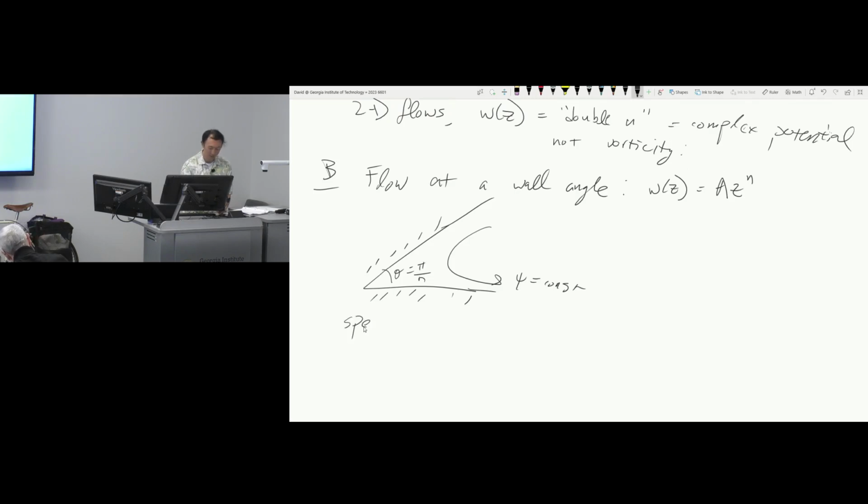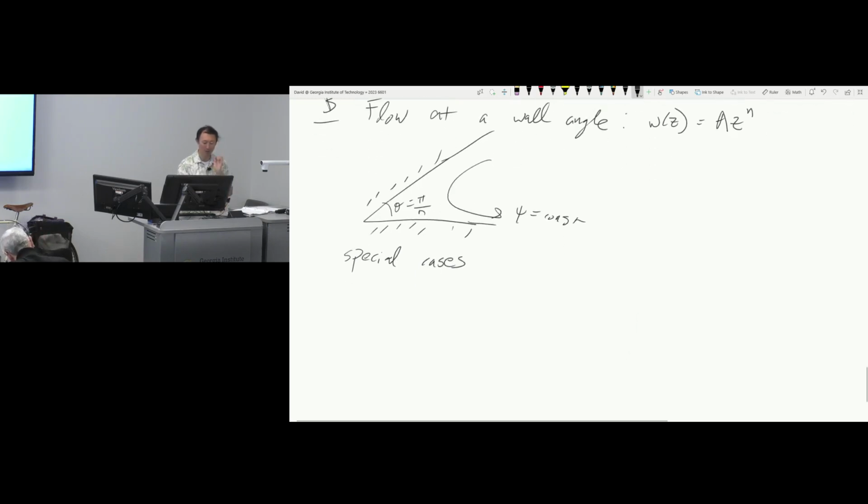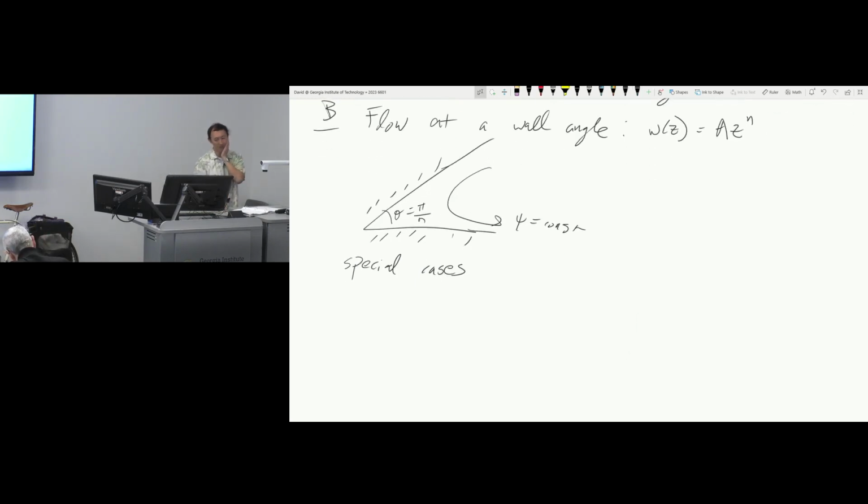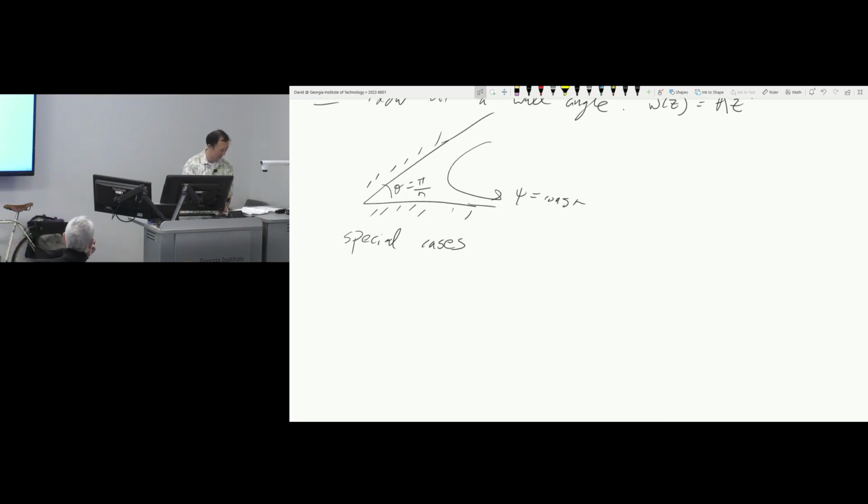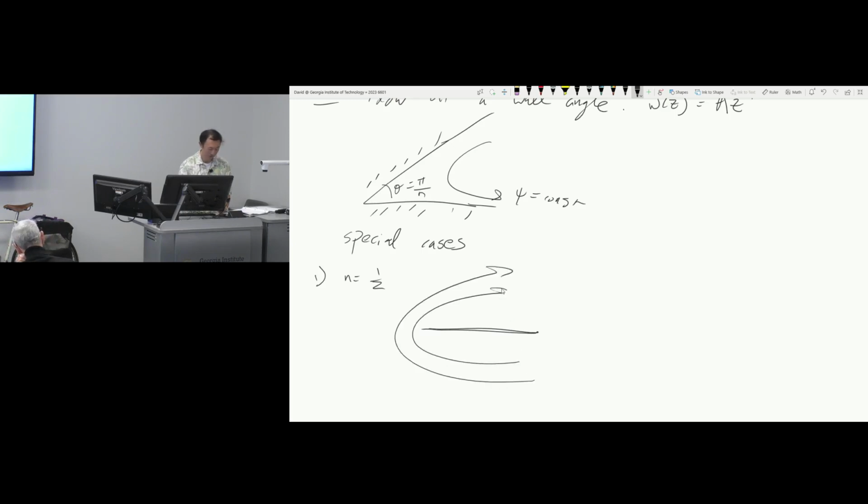All right. And now this might blow your mind, but this idea of flow at a wall angle will allow you to figure out things like the following special cases. If you have n equals 1/2, it's basically like flow around a plate. So these would be the streamlines, this would be psi equal constant.